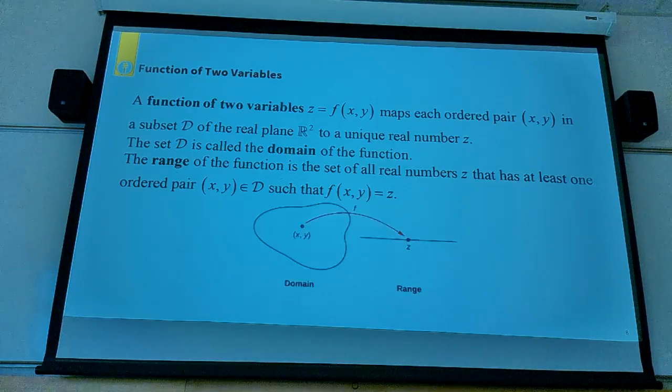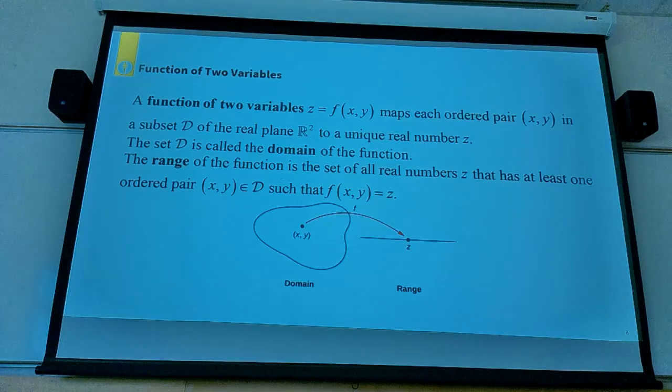So here's what a two-variate function is doing. It takes a point in a region and maps it to a point on the number line. By the way, when you plot a single variate function, how many dimensions is it? 2, right?